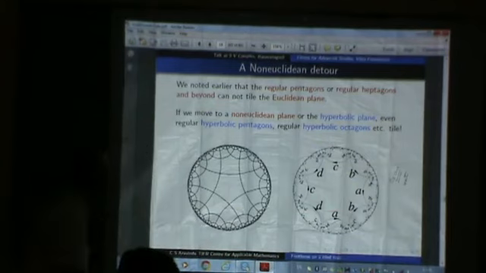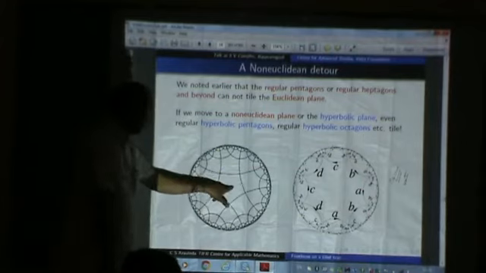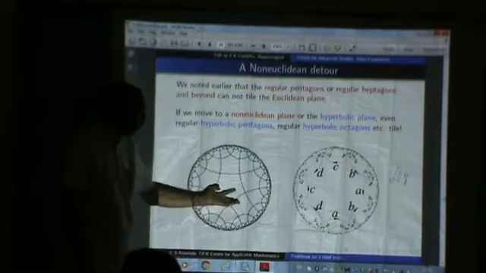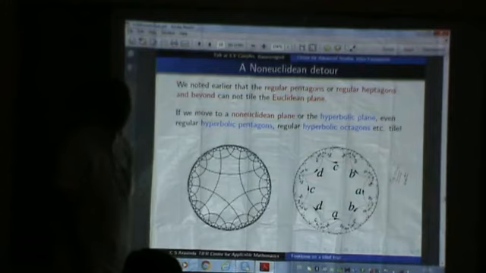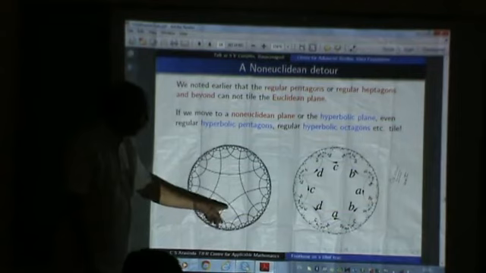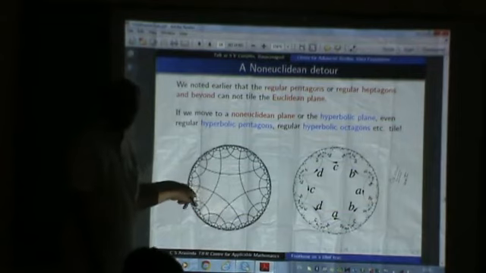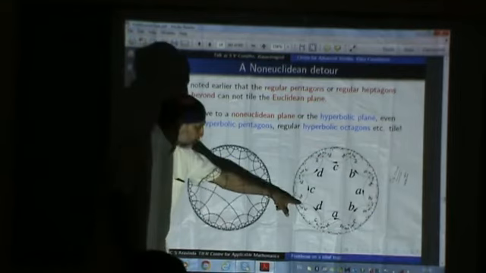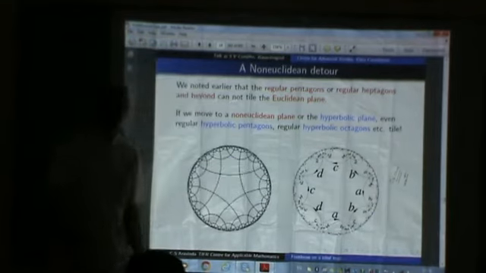Okay? So this is, in some sense, the pentagon. For the Euclidean eye, these two look very different, but for the non-Euclidean eye, these two are the same. They are isometric. Okay? So you have to work with the non-Euclidean eye. For instance, not only pentagons, you can tile the non-Euclidean plane not only by regular non-Euclidean pentagons, but you can also tile by non-Euclidean regular octagons.